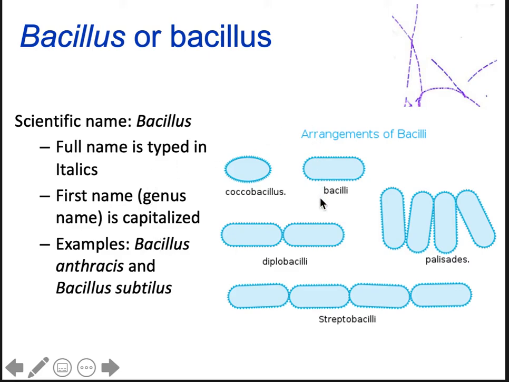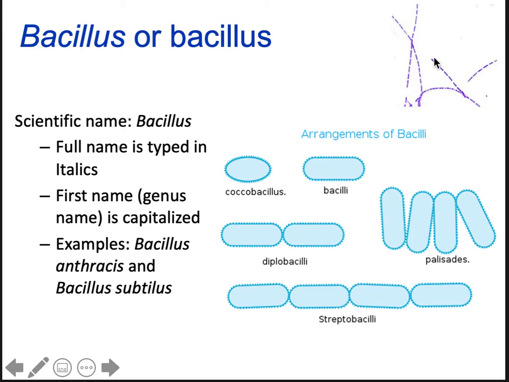And then other times, if you're just talking about the shape of a bacteria, which you might not even know what the bacteria type is, but you just see it in an image like this, you would say, oh, okay, it's a bacillus shape or morphology, right? Furthermore, this is in a chain.